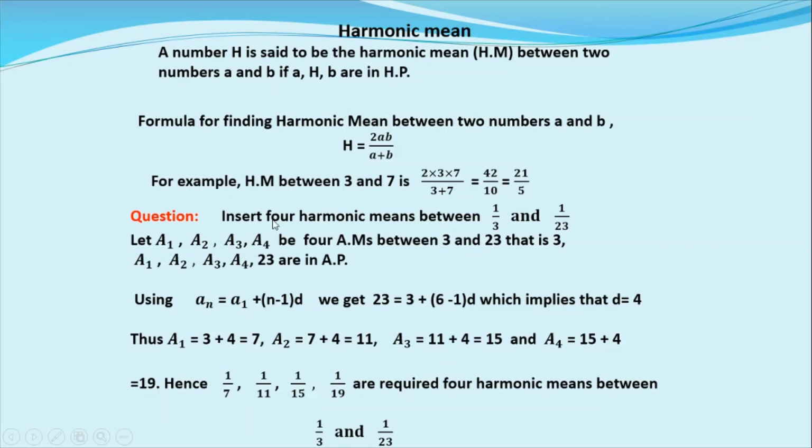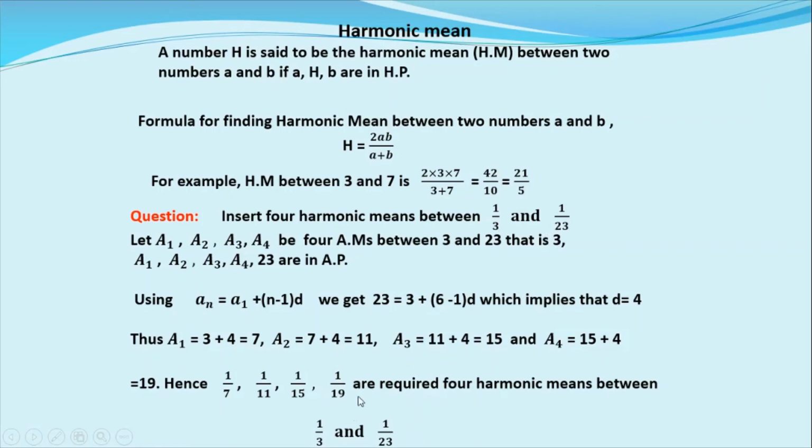But we need four harmonic means between 1 by 3 and 1 by 23. So 1 over 7, 1 over 11, and so on, the reciprocals of these numbers, will become the four harmonic means between these two numbers, 1 by 3 and 1 by 23.